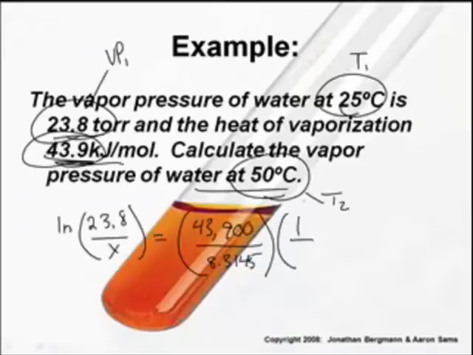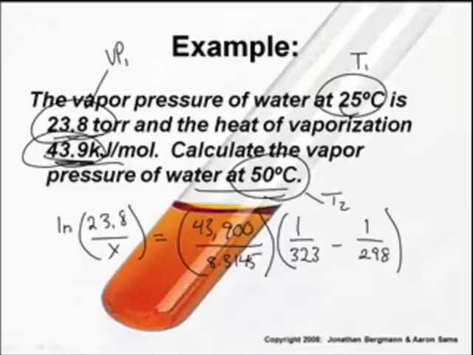Now T2 is 50 Celsius, and 50 Celsius in Kelvin is 323, minus 1 over 298. This, by the way, gets rid of the constant. The constant's not in this equation. And then you just plug this into your solver and you solve for it.